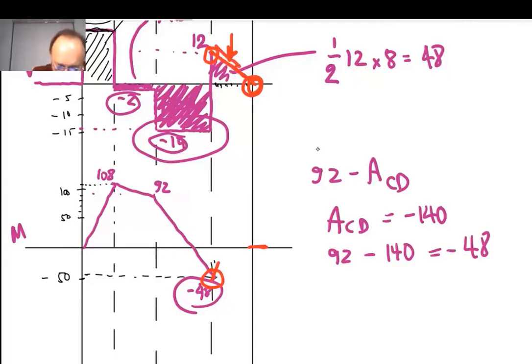As we go down, the slope that started at 12 decreases until it gets to 0. It's something like this, with a slope of 12 and a slope of 0. The slope we usually call m, right? M equals 0. This is the graph of this portion of the diagram.